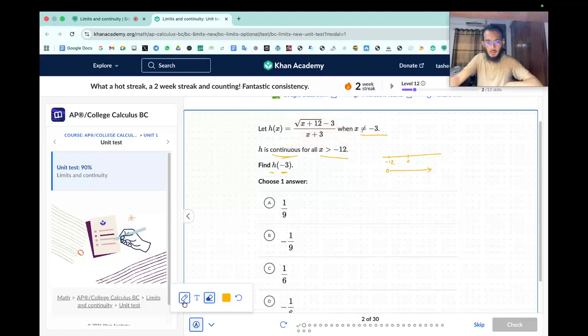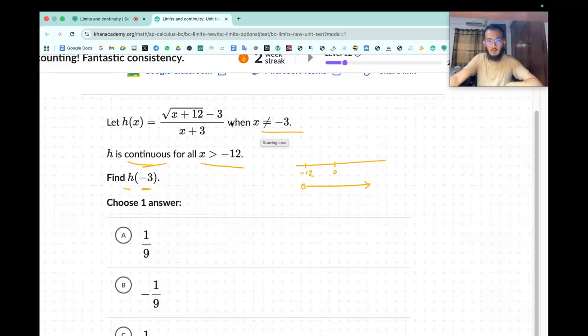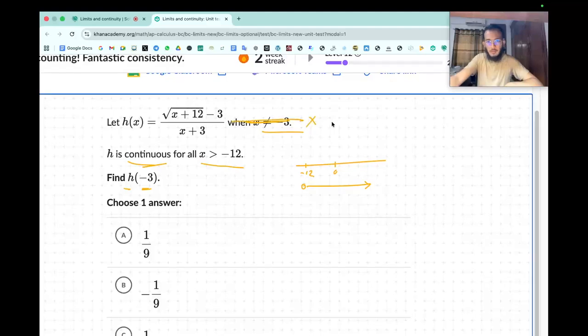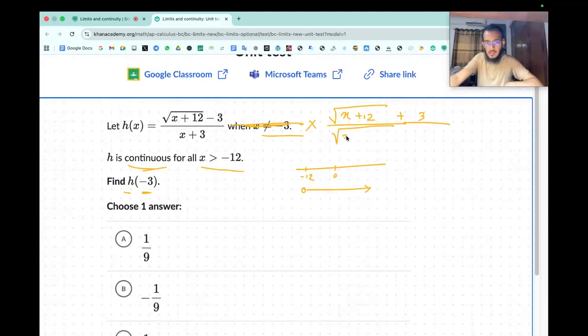We can't determine the value from this form, so we have to change it using conjugates. We multiply this expression by the conjugate of the denominator, which is the square root of x plus 12, plus 3, and because we have to preserve equivalence, we divide by the same thing so it cancels out.